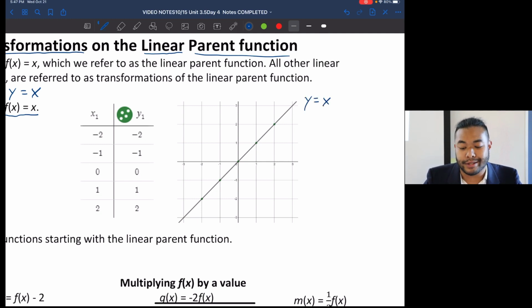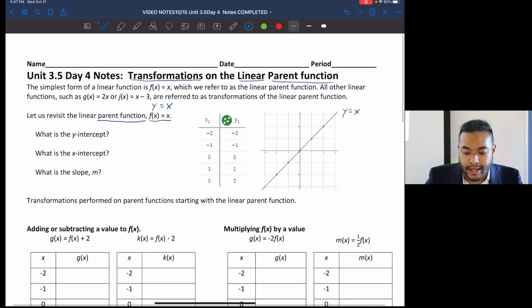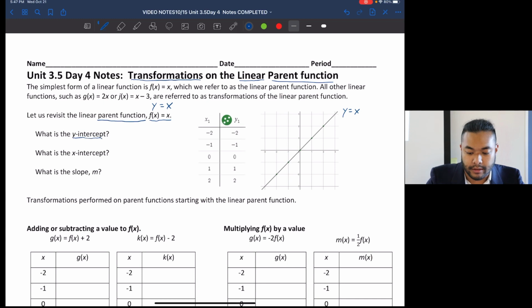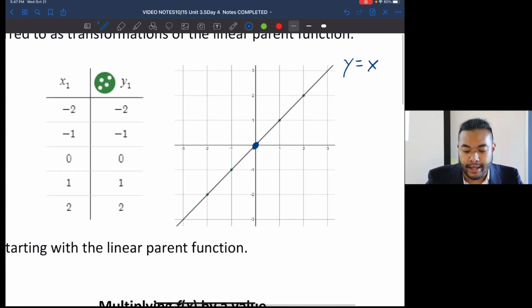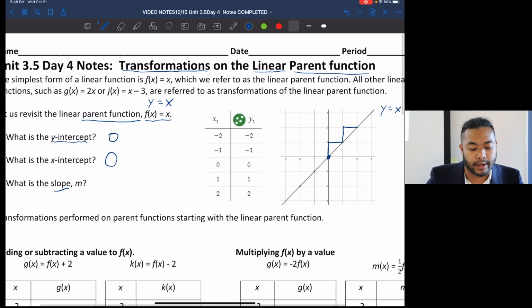And it makes sense because the y-intercept is at 0, and the x-intercept is also at 0, because y equals x, my parent function, goes through the origin. The slope of this parent function is up 1 over 1. So my slope, rise over run, is 1 over 1, or just 1.